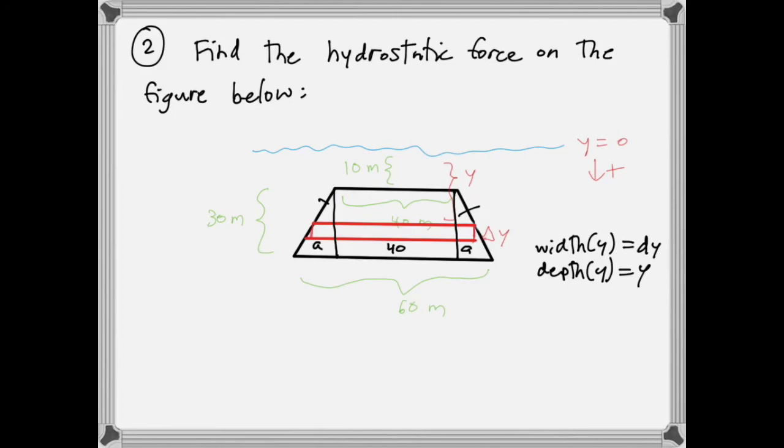So we need to figure out what A is. And so what we're going to do is look at similar triangles here. And here's going to be our two triangles. So here's our two triangles, and we're going to fill in the dimensions here. So this is A. This distance is 30, right?